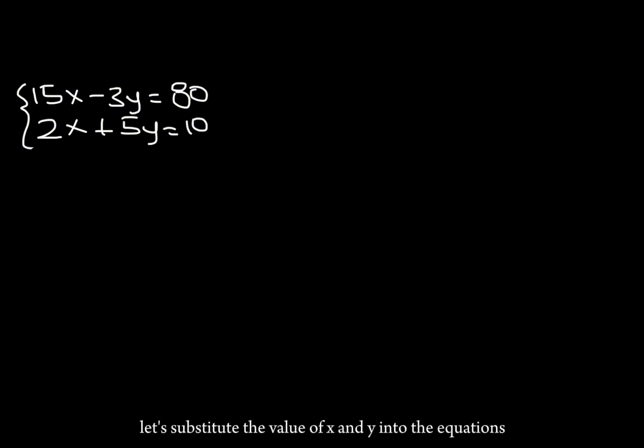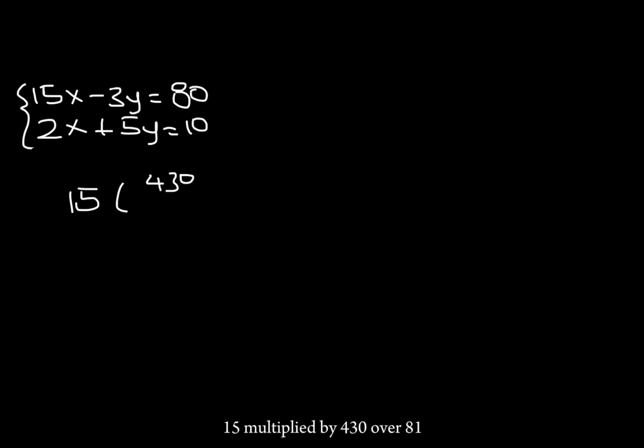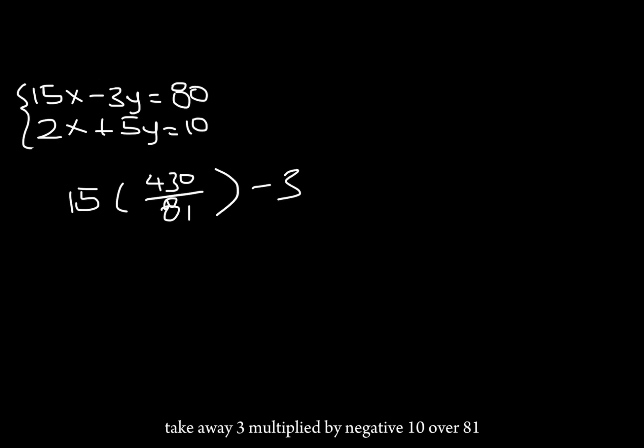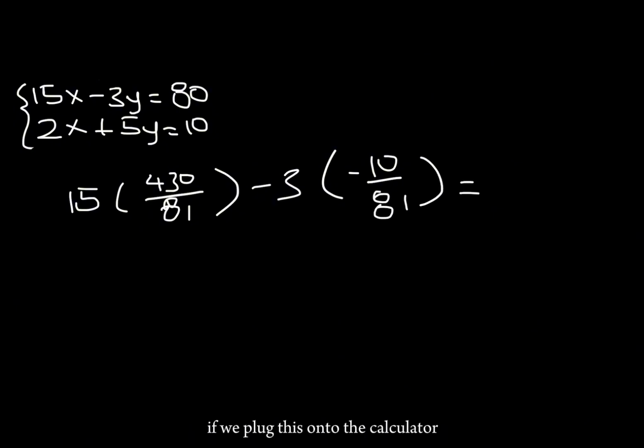Let's substitute the value of x and y into the equations. 15 multiplied by 430 over 81, take away 3 multiplied by negative 10 over 81. If we plug this into the calculator, it must equal 80. If it doesn't, that means we did not solve correctly.